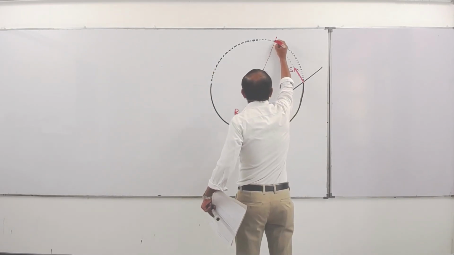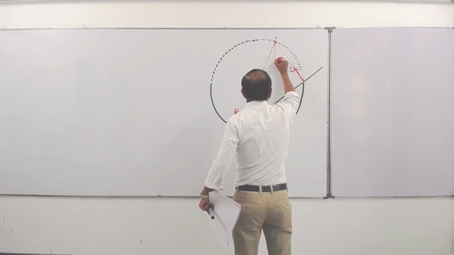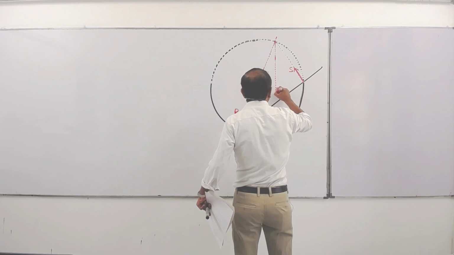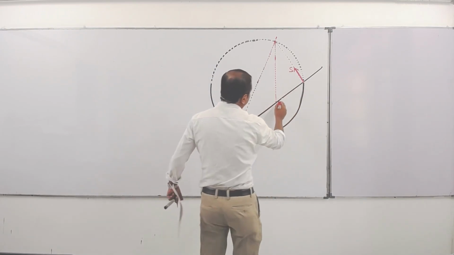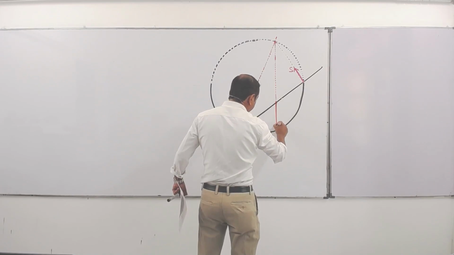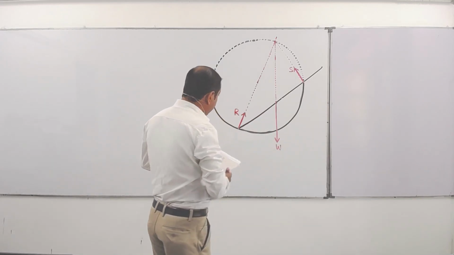Then I will mark that like this. First I draw a vertical line through this point. Then this point should be the center of gravity. Right. Weight acts through this point.